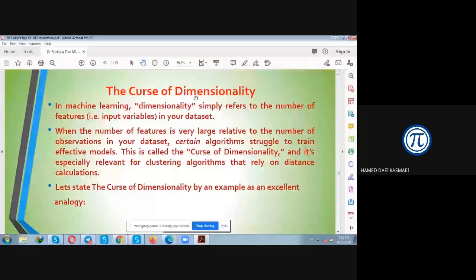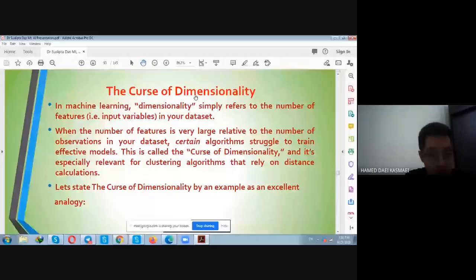This is called the curse of dimensionality, and it's especially relevant for problems like wireless sensor networks and Wi-Fi, where you need to rely on distance calculations.